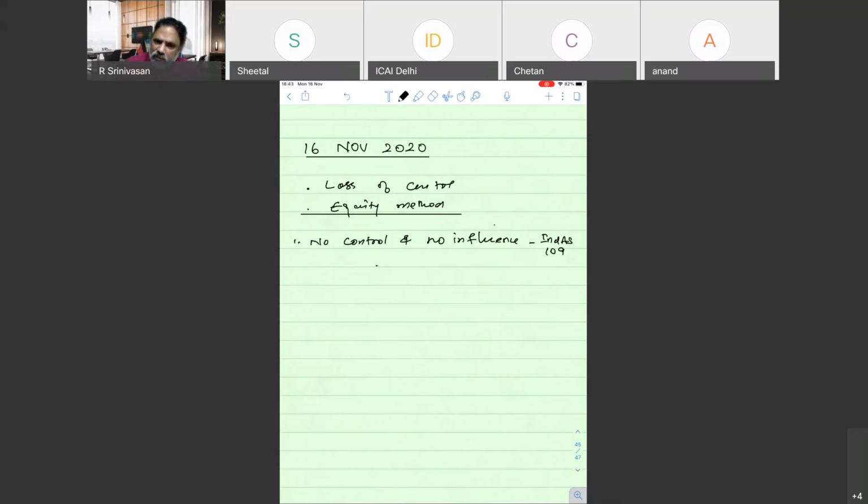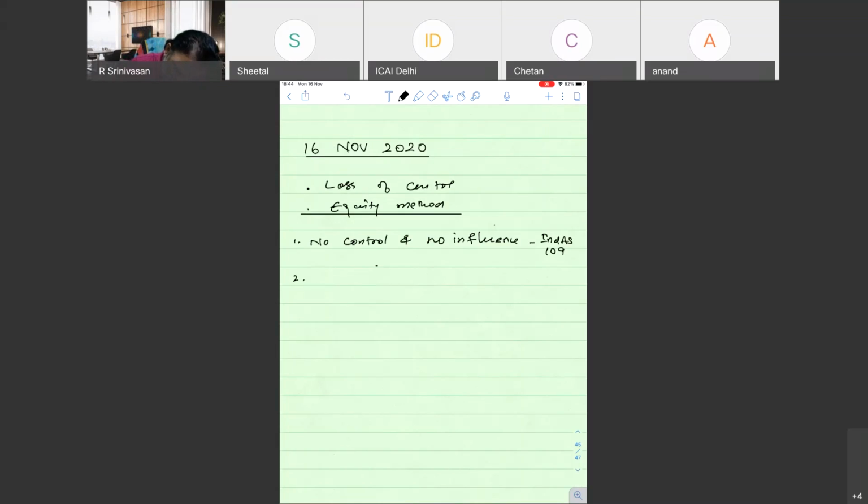Because you may invest to have control in another entity, there we will be applying 103 and 110. When you are investing just for the purpose of interest or dividend or some return, then we will be following Ind AS 109 financial instruments.